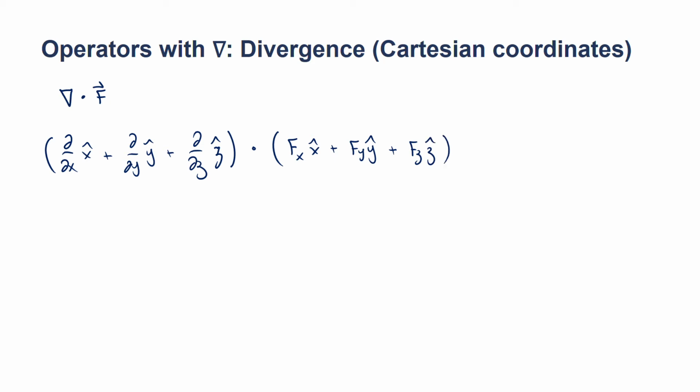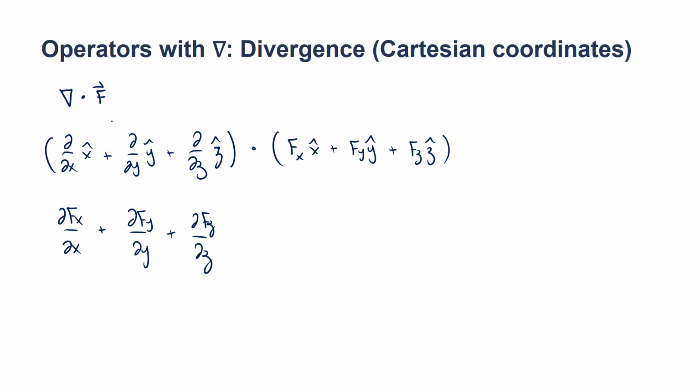Now this is just like a regular scalar product between two vectors. So we take each component of the vectors, multiply them together, and then add everything together. If we do the x component first, we need to take the partial derivative of f sub x with respect to x, and then add to that the partial derivative of f sub y with respect to y, and the same thing for f sub z. And this is the divergence operation.